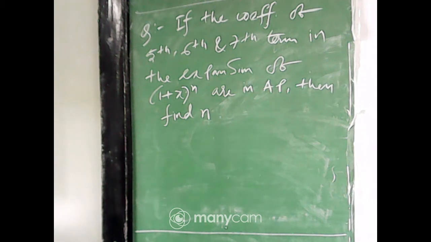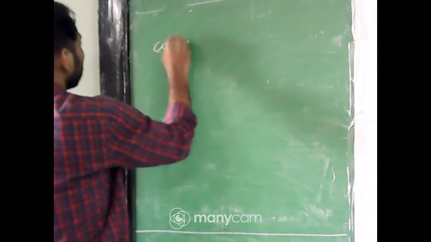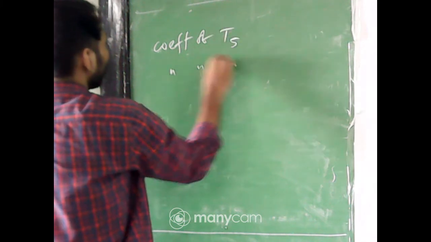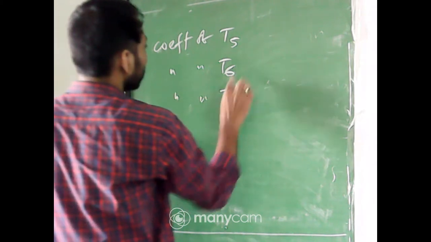Can I erase the problem? Okay. So now the coefficient of T5, T6 and T7. Coefficient of T5, coefficient of T6 and coefficient of T7.